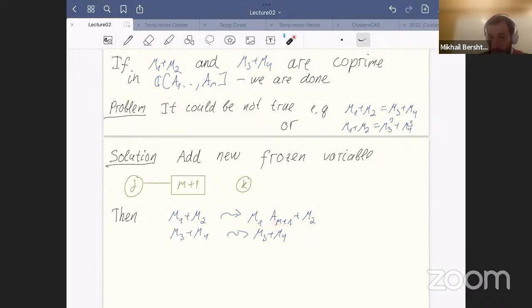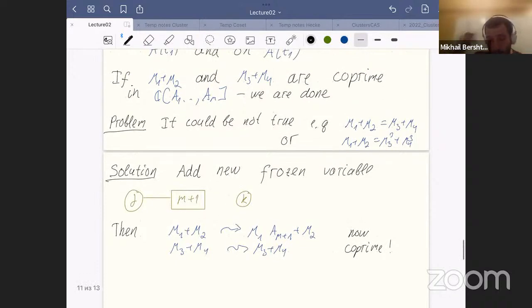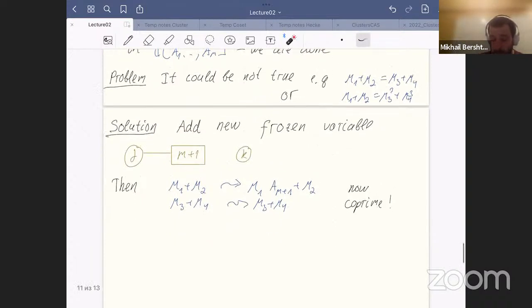So it is an irreducible polynomial, and the other is a constant. So these two polynomials are coprime. Hence, we add this additional variable and we get the fact that they are coprime.